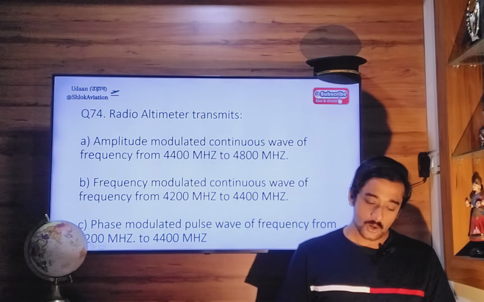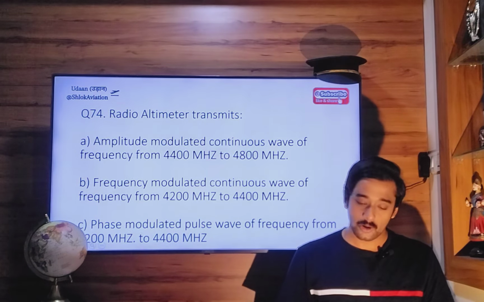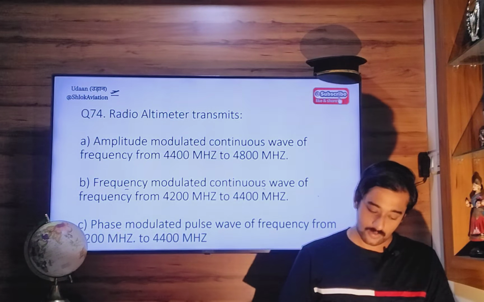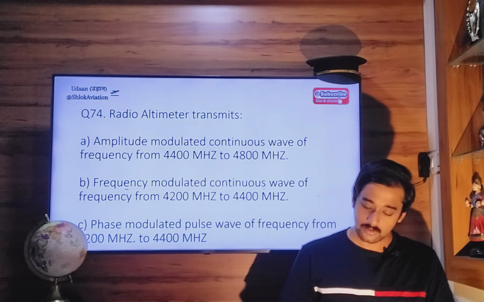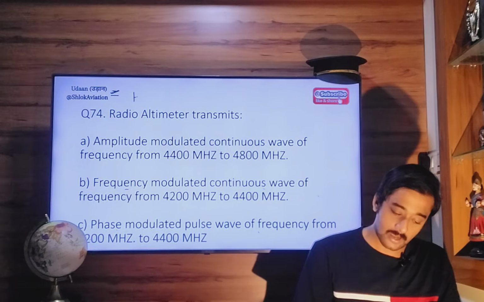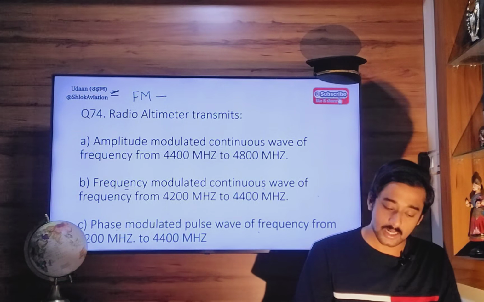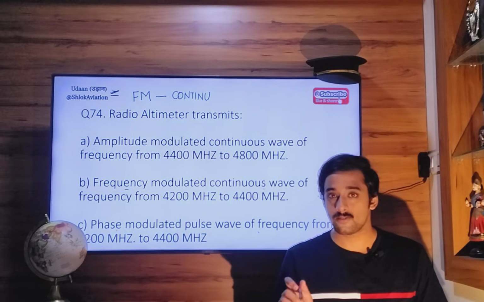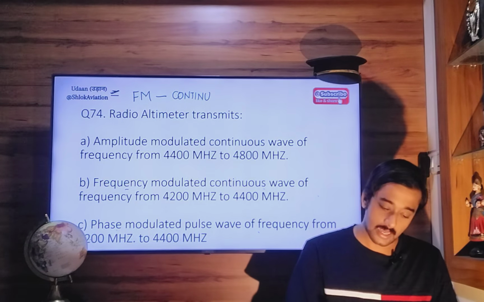74. Radio altimeter transmits amplitude modulated continuous wave, frequency modulated continuous wave, or phase modulated wave from 4.2 to 4.4. So a radio altimeter will transmit a frequency modulated continuous wave. Okay, so it's a continuous wave. It's not a radio pulse like that used in radar.